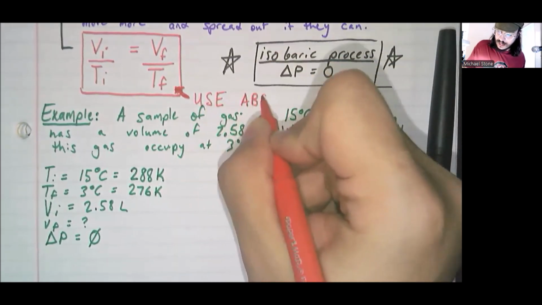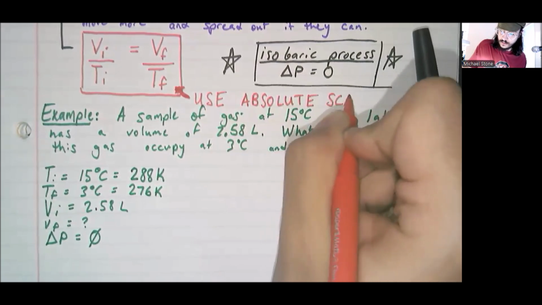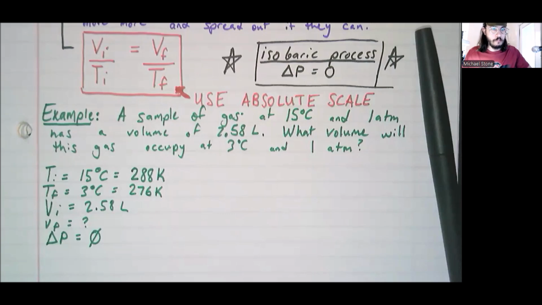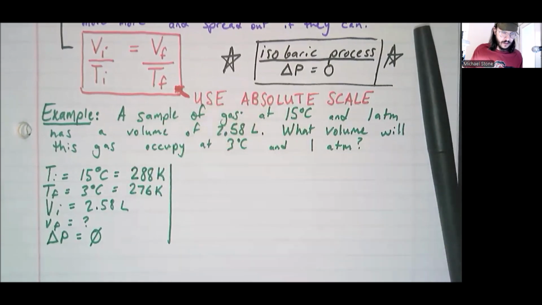Use the absolute scale for the temperature. So if you are metric and civilized, you would use Kelvin. If you are barbaric or just evil in soul, you would use Rankine. But it would have to be an absolute scale. Fahrenheit or Celsius aren't going to cut it here.